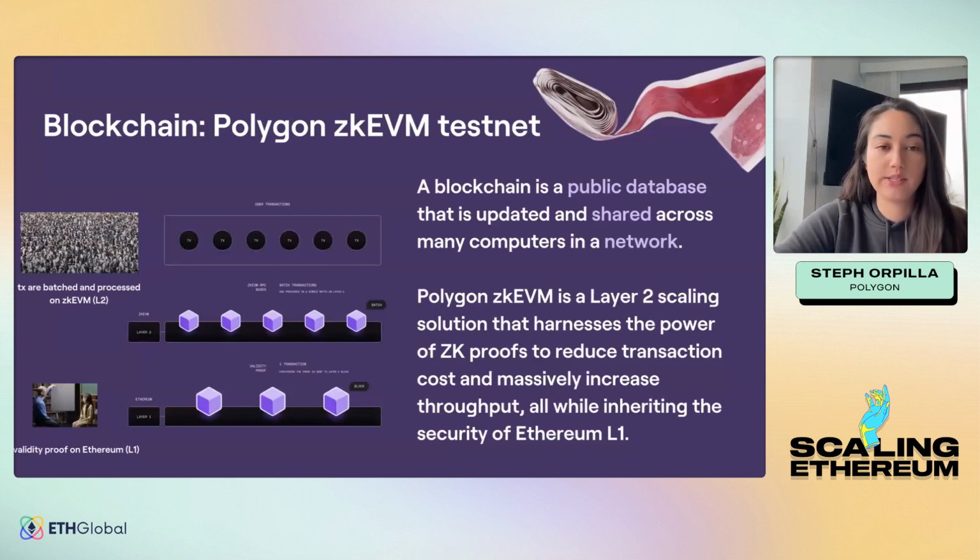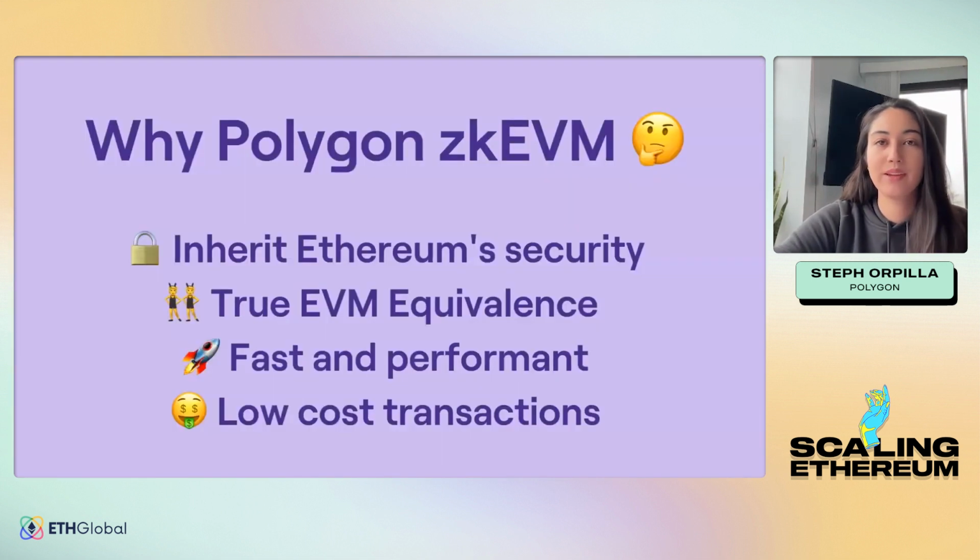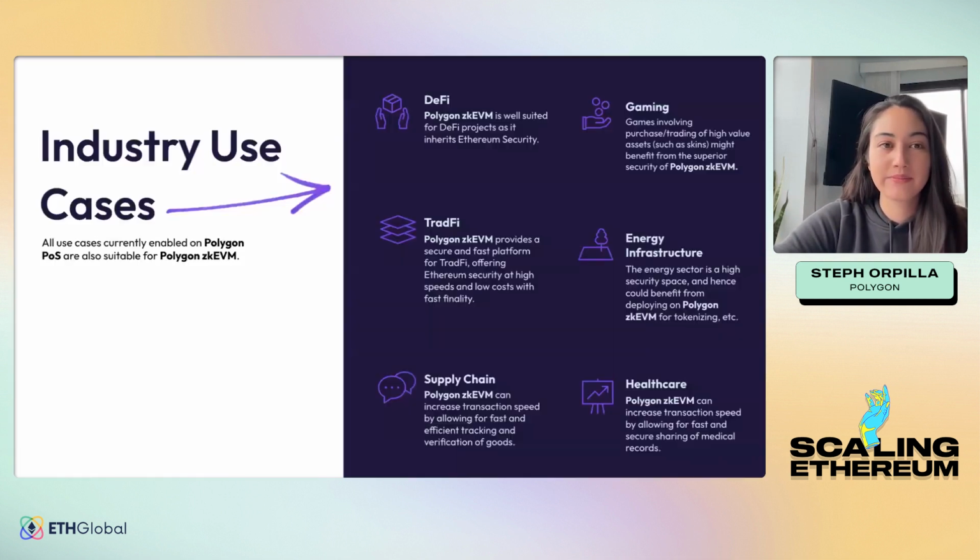So you inherit all of the security of Ethereum, but you get to benefit from faster transactions and lower costs. So to keep it short, why zkEVM? You inherit Ethereum security, you achieve true EVM equivalence, it's fast and performant, and the transactions are nice and low cost. So all of those things are great for scaling Ethereum.